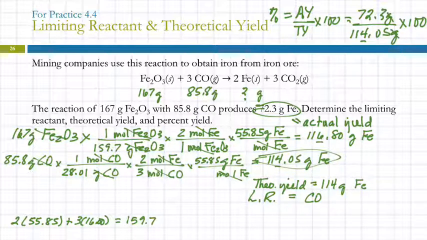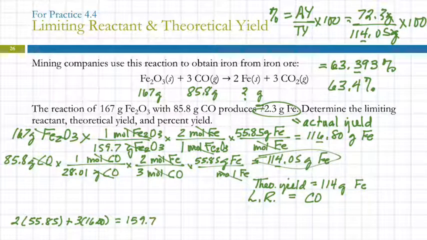The grams cancel out. I'm using my unrounded value there because I want to avoid rounding errors. 72.3 divided by 114.05 times 100. So this should have 3 significant figures. So 63.393%, call it 63.4%.